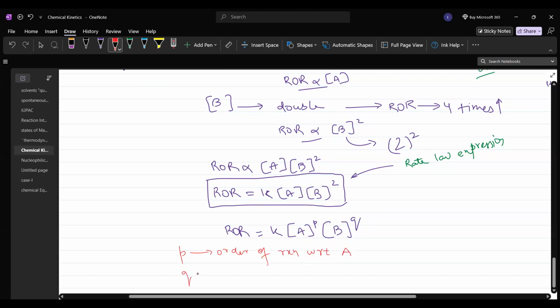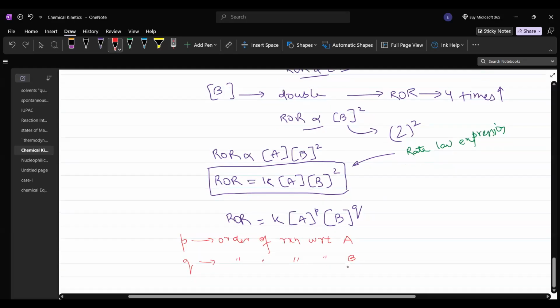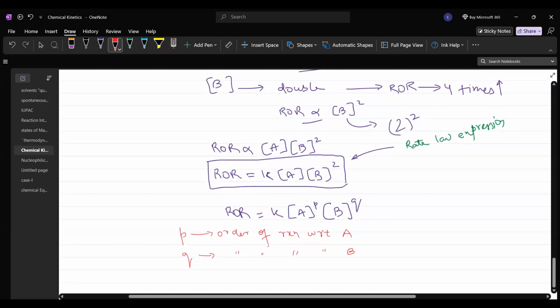Q is order of reaction with respect to B. What is K here? K is rate constant. Why is it constant?